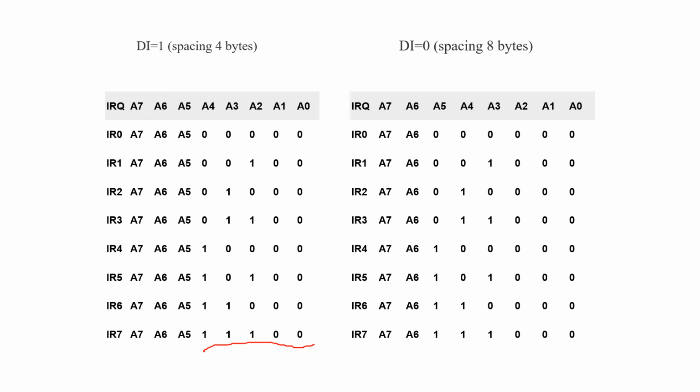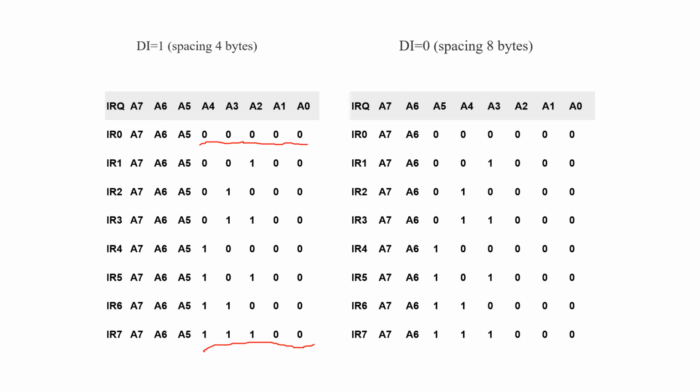So all these interrupts from IR0 for type 0, type 8, type 16, 24, 32, these lower 5 bits are fixed, that is 00000, but these are differing in their A5, A6, A7 bits.